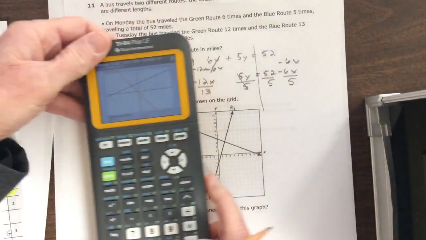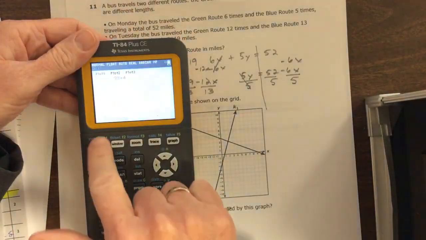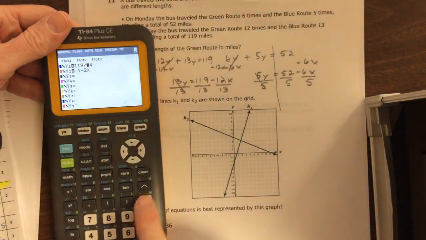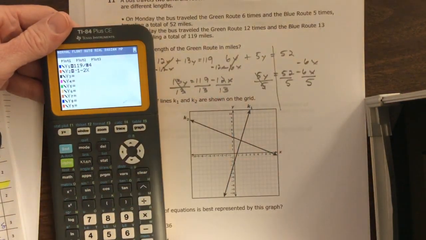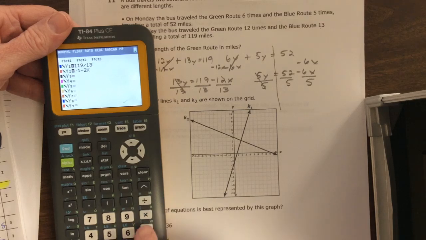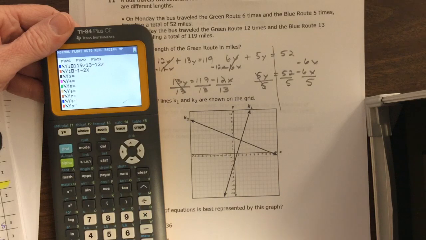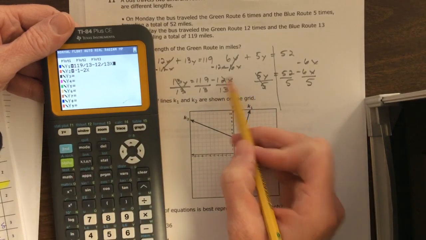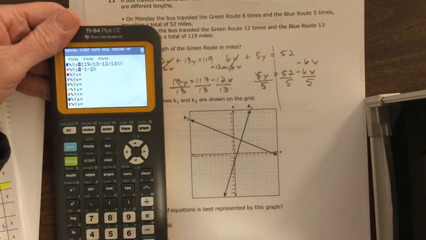Okay, I'm going to hit y equals, and I'm going to start with 119 divided by 13 minus 12 divided by 13x. You can put the x by the 12, you can put it by the 13, it doesn't matter.